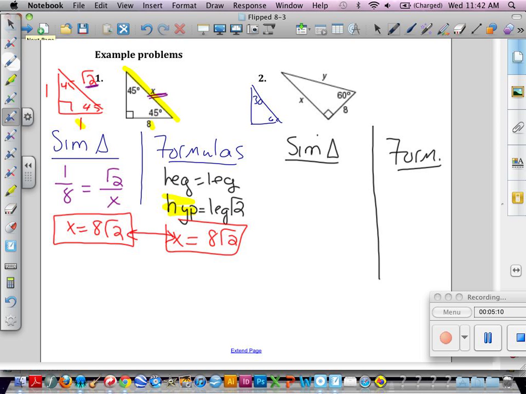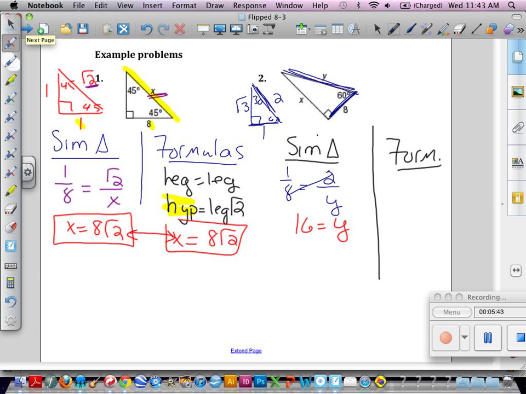This is 1, this is 2, and that's root 3. So, short legs go together, 1 and 8. All right, I'm looking for the hypotenuse, y and 2. So 2 and y, cross multiply, 16 equals y.